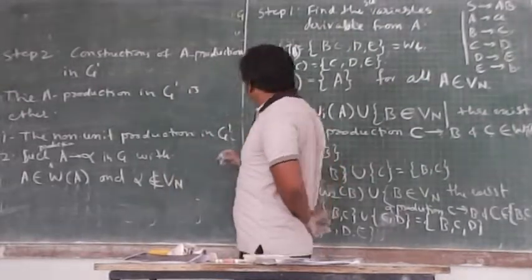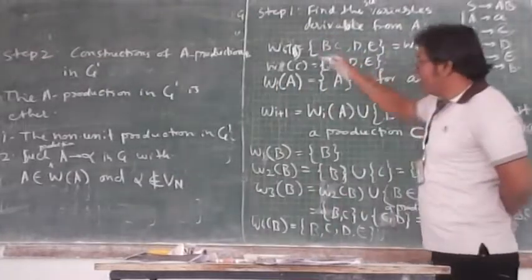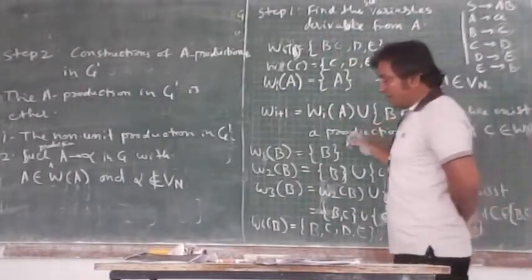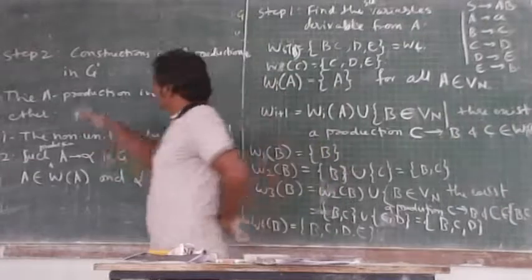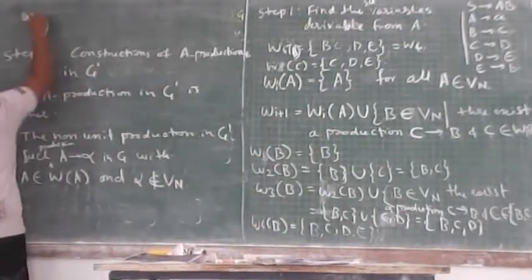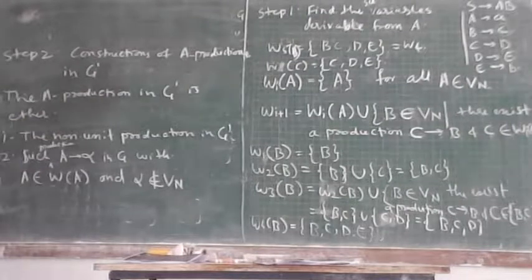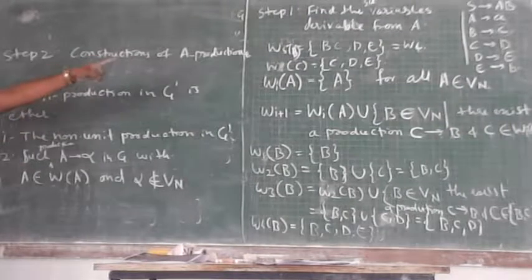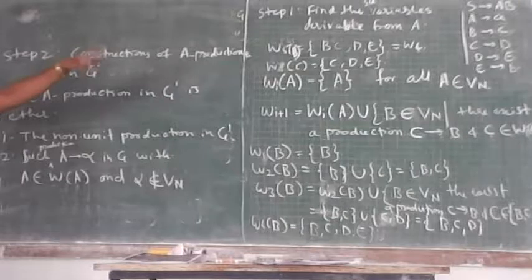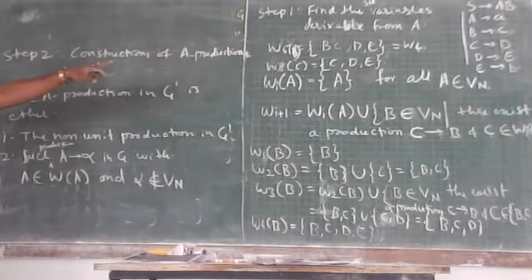So for example, go for W S. We are going for S production. First of all, you go for S production. S production is included into it. Then there is no worry. And S implies A. Is it a unit production?